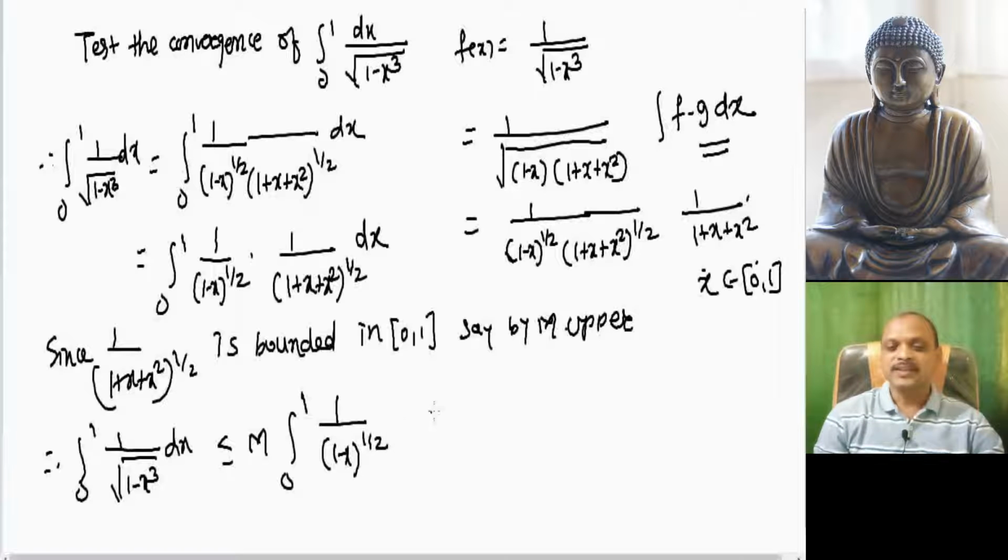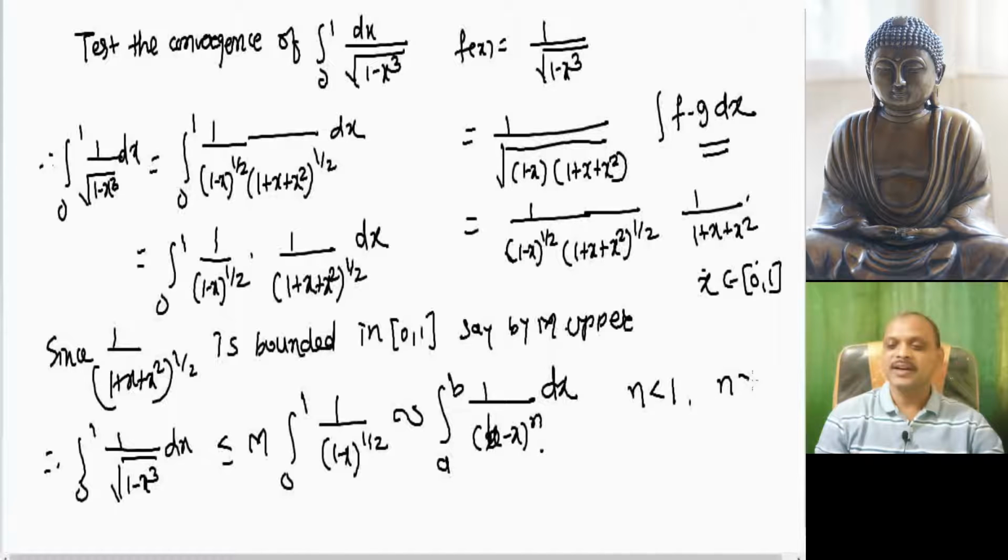Now compare this integration with the integral from a to b of 1 divided by (b minus x) whole raised to n into dx, and we know that this integration converges for n less than 1 and diverges for n greater than or equal to 1.